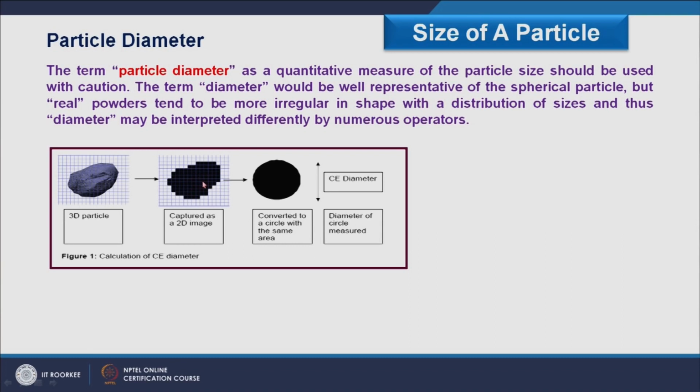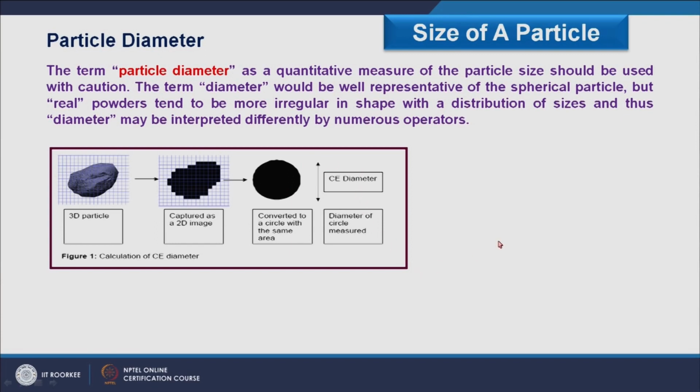By counting these cells, we can calculate the surface area of the particle. Now we can equate this to a circle. A circle is basically a 2D object. If I want to equate this circle with this image, we can equate in terms of equal surface area. So convert it to a circle with the same area, and we can calculate its diameter very easily, which we call the circle equivalent diameter.